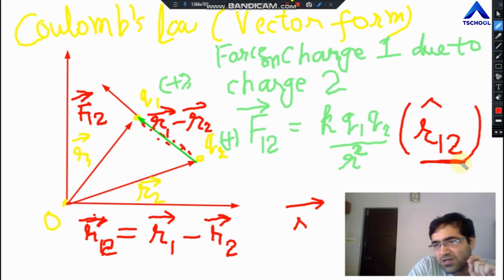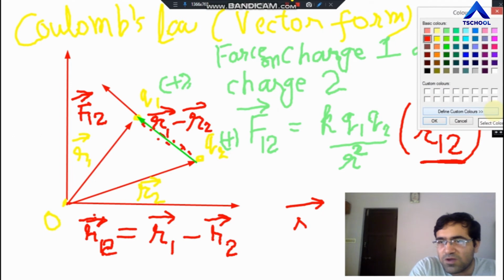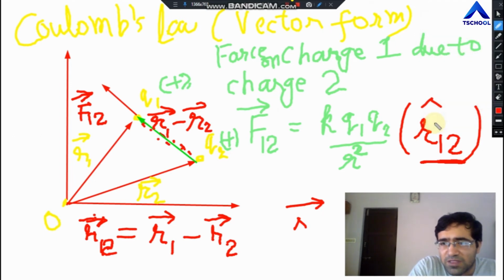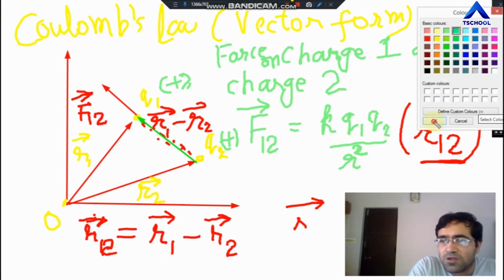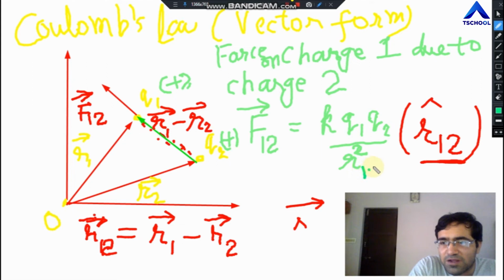The r12 vector and F12 vector are in the same direction, correct. I'm just going to make a minor change here so that our equation is very clear to anyone who reads it. I should write r12 over here.